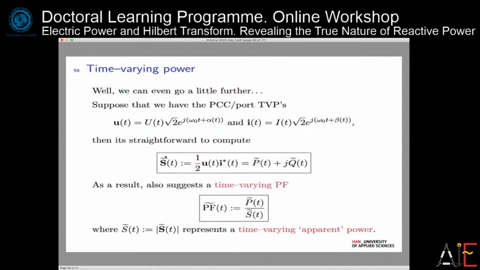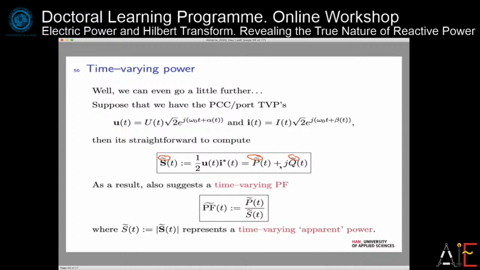And I introduce these tildes here just to distinguish the notation from P. Capital P is reserved for active power, and capital Q is for reactive power. These things are now time varying, and I call this the real power, and this you can call the imaginary power. But it's not exactly or directly related to the reactive power, as we know it at least.